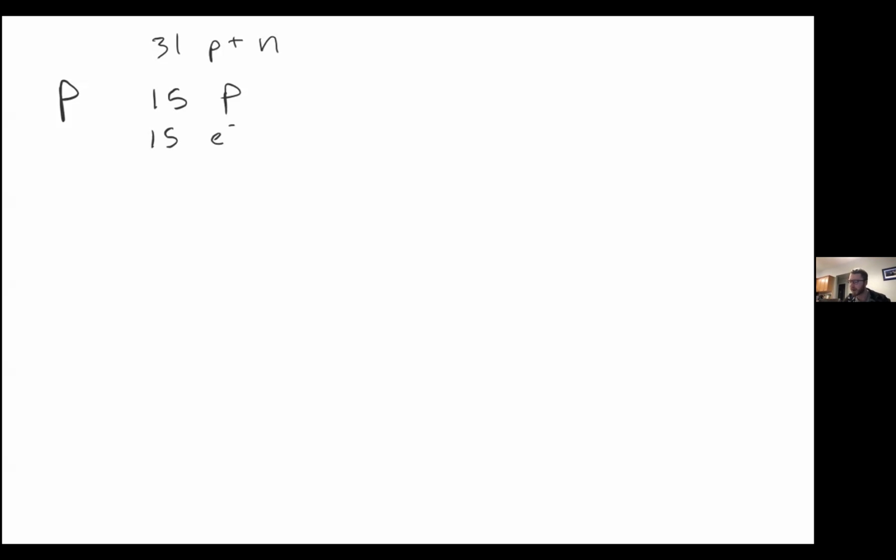If we subtract our atomic number from the mass number, 31 minus 15, we get 16 neutrons.